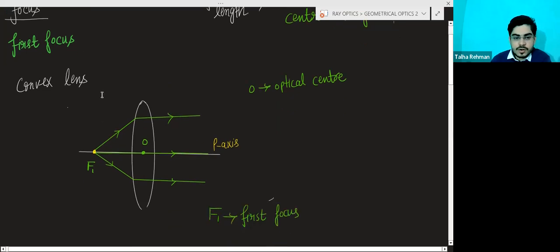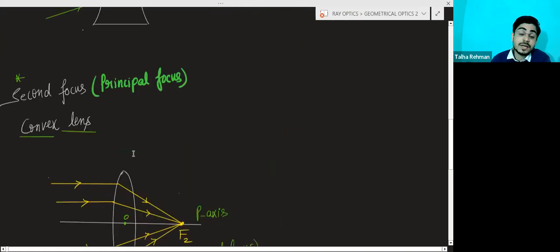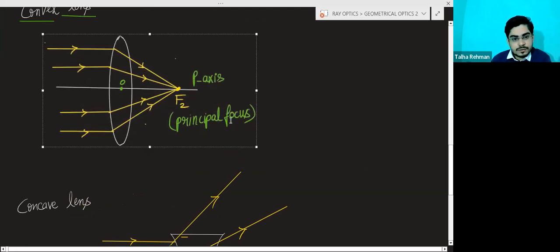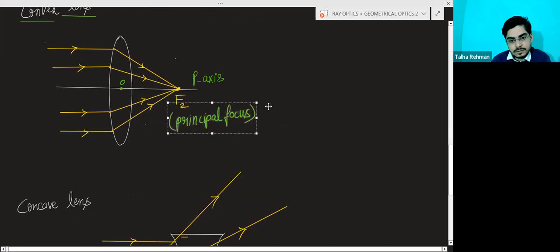Okay, so now see, in this case, first define the focal length for this case. So this is the optical center and this is the focus. So this distance will be the focal length.